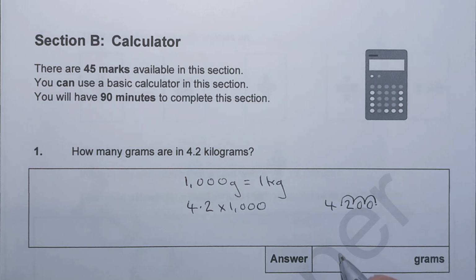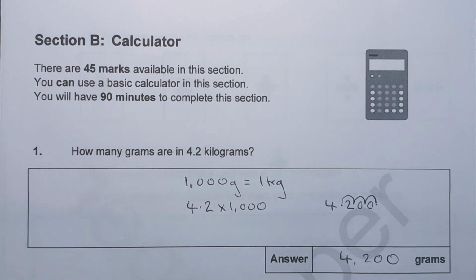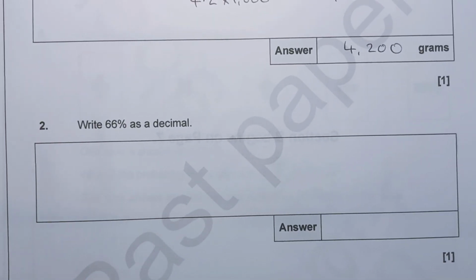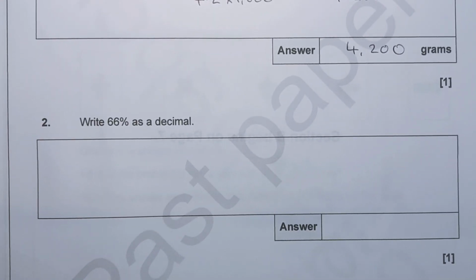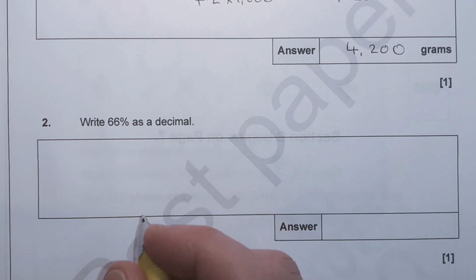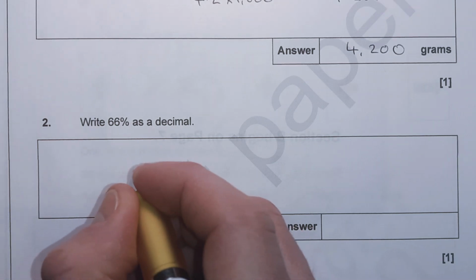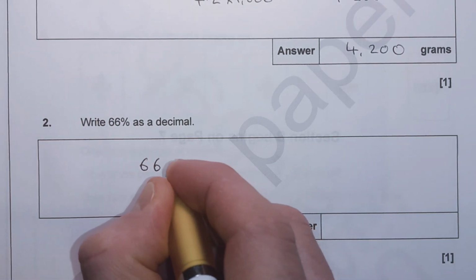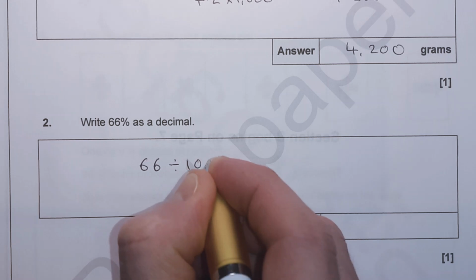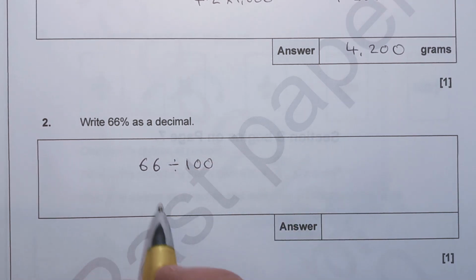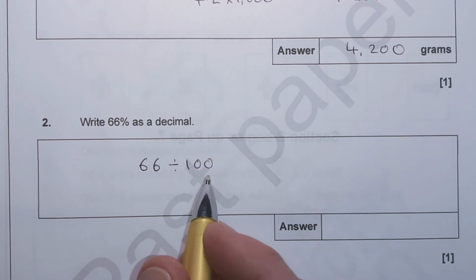So we've now got 4,200 grams. Question 2. Write 66% as a decimal. So to turn it into a decimal, we're going to divide it by 100. 66%, so out of 100.